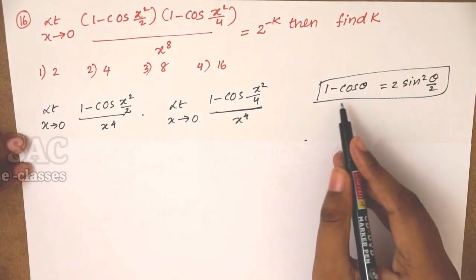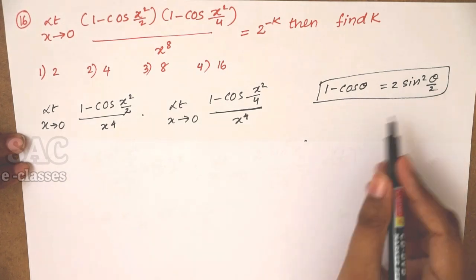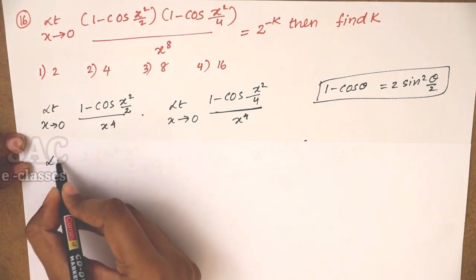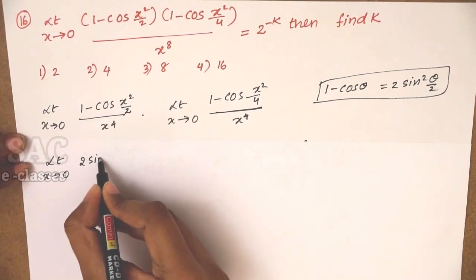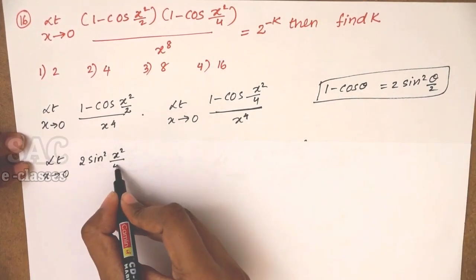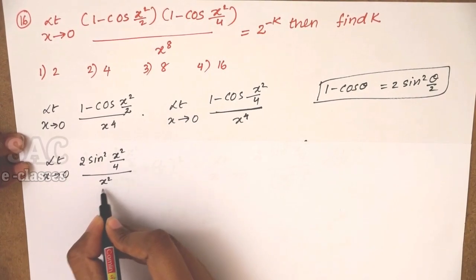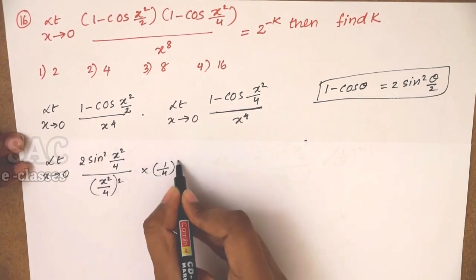Now by applying the formula 1 minus cos theta equal to 2 sin square theta by 2, it can be expressed as limit x tends to 0, 2 sin square x square by 2 by 2, already there, so by 4, x square by 4 whole square into 1 by 4 whole square.